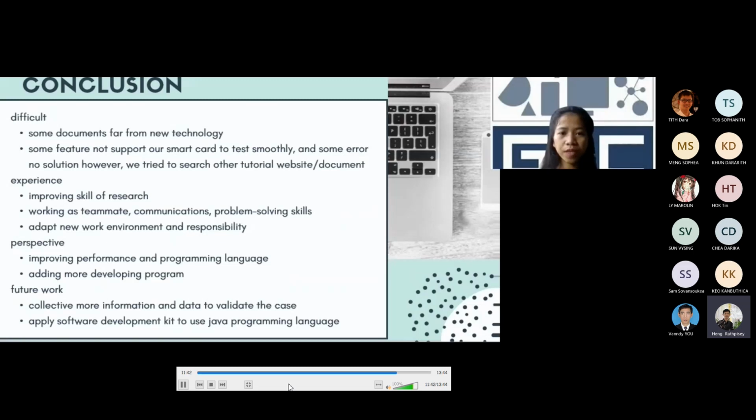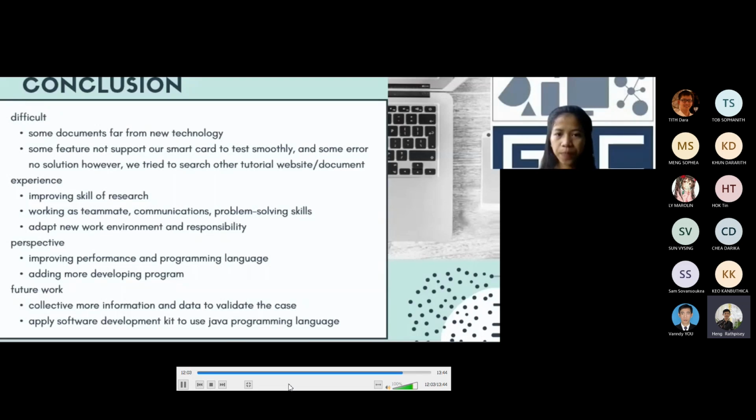But most of the documents are very far from the new technology that we apply nowadays, maybe around 10 years old. So it's hard for us.